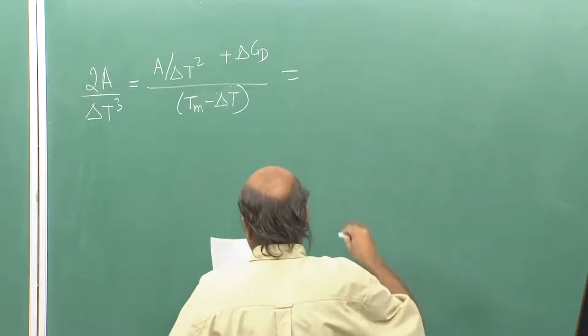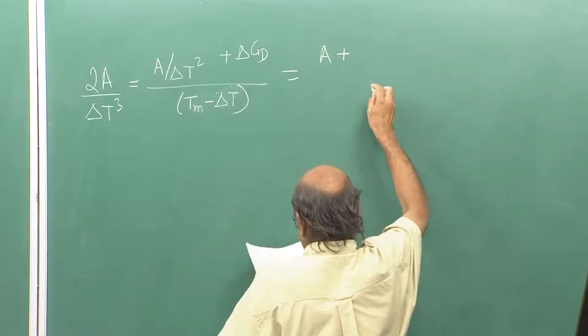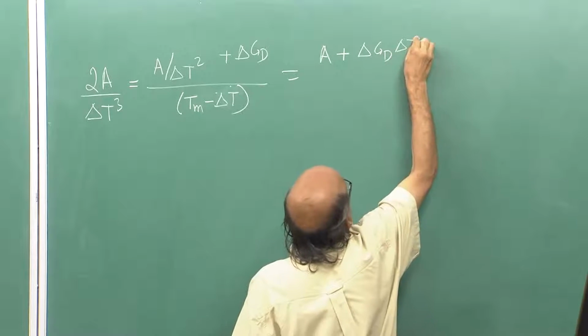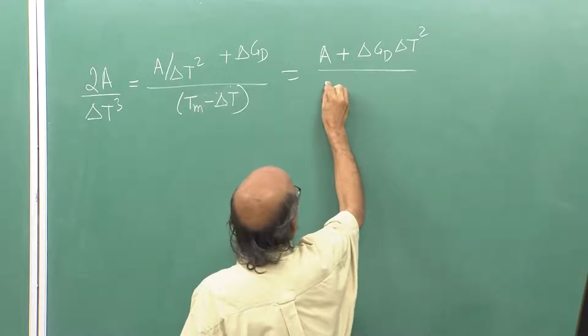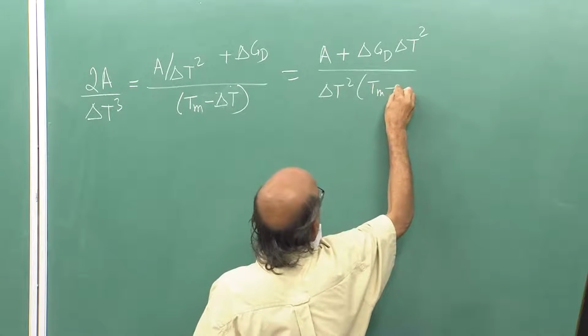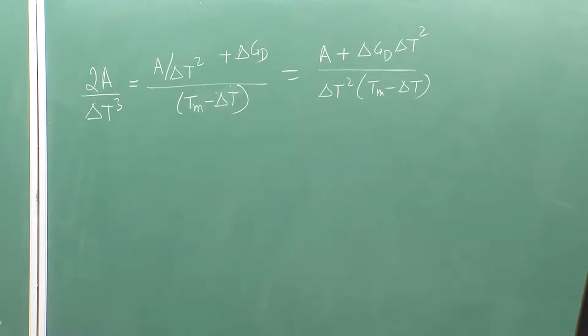Rearrange the terms, this would become (A plus delta Gd delta T square) upon delta T square times (Tm minus delta T).